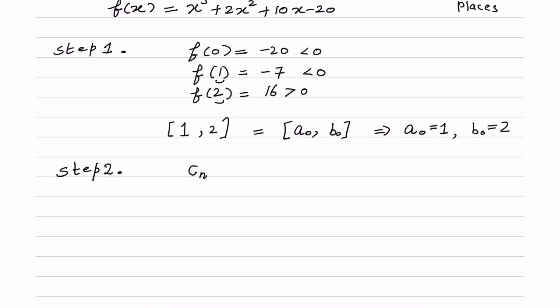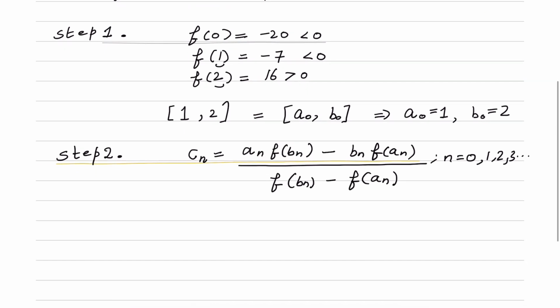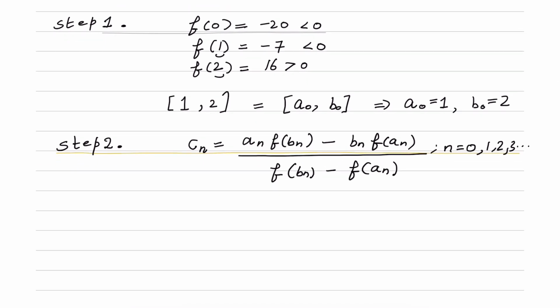That formula is Cn equal to (an f(bn) minus bn f(an)) whole divided by (f(bn) minus f(an)). And here n is running from 0, 1, 2, 3, and it goes on. Let me call this Cn formula equation 1 so that we can refer to it whenever we need.